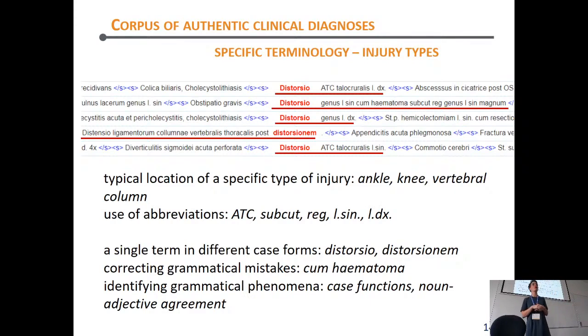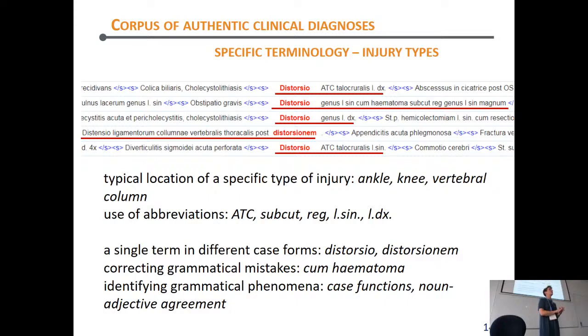But of course, we want them to be better than those who wrote the diagnosis. And they can identify grammatical phenomena, or they can be asked to, let's say, shift singular to plural, vice versa, create a synonymous expression, give an opposite. So various things can be done.